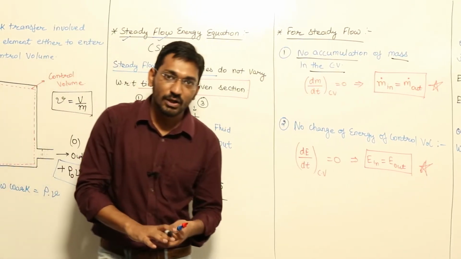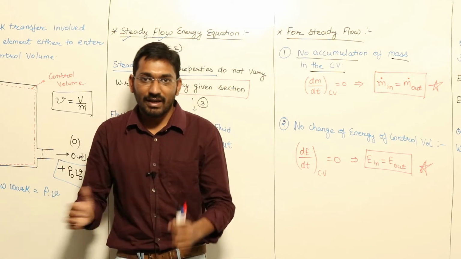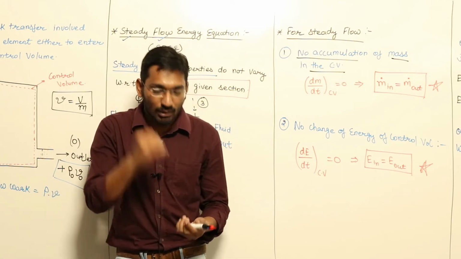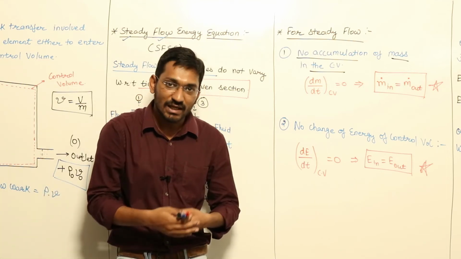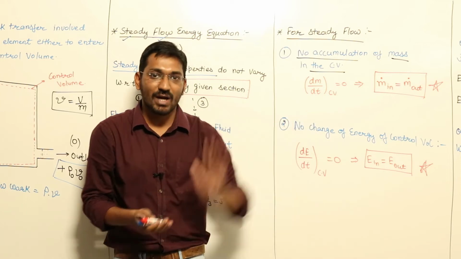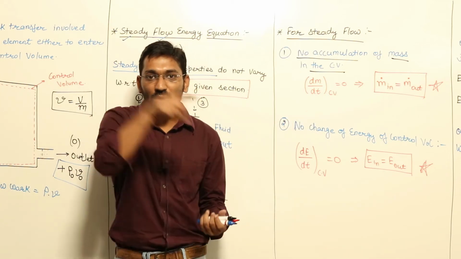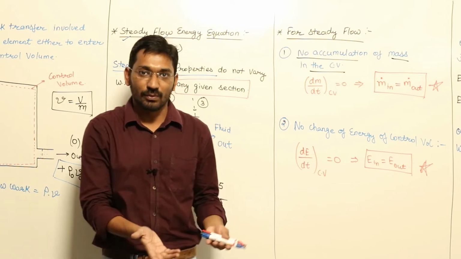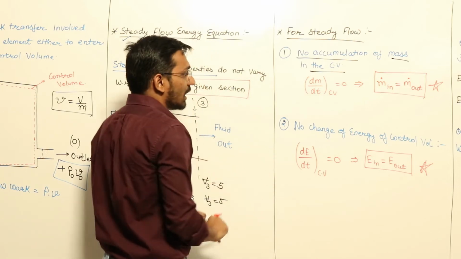It will happen only when the mass which is coming in is equal to the mass which goes out, so that the net change of the control volume mass will be 0.